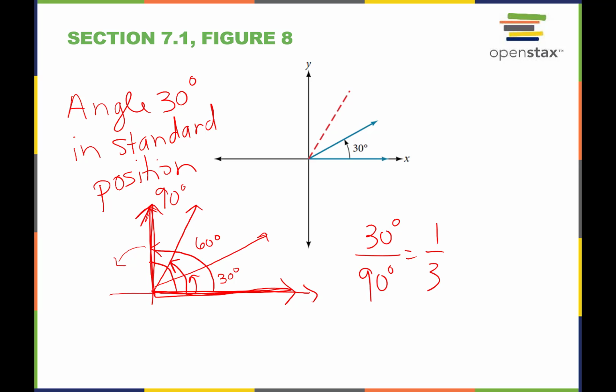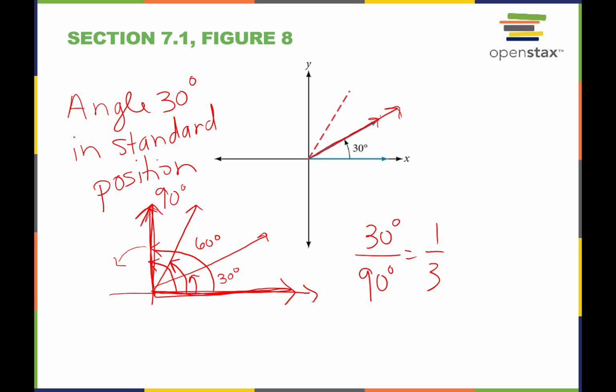And then if I sweep out completely, there's my 90 degrees. So I know my 30 degrees has got to be somewhere here in my first quadrant. And I can just draw a rough sketch, visualizing and using my intuition and my knowledge of fractions, knowing that 30 is a third of 90, so it's probably somewhere in here.